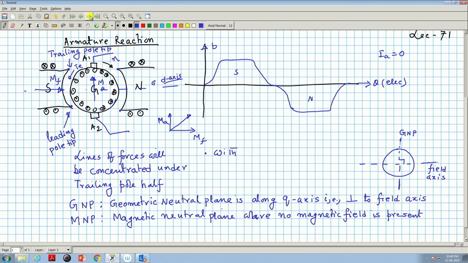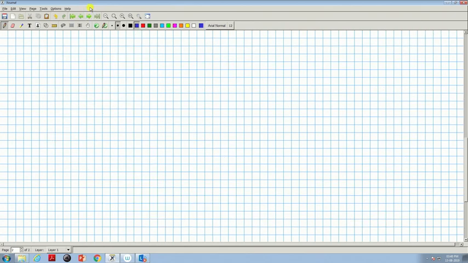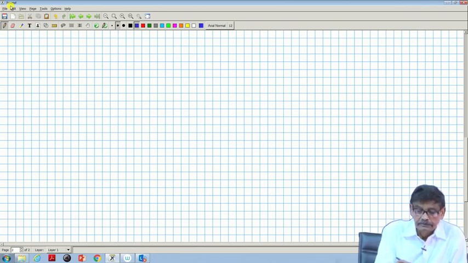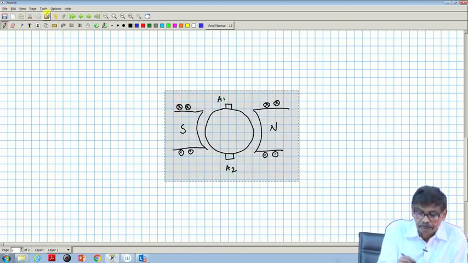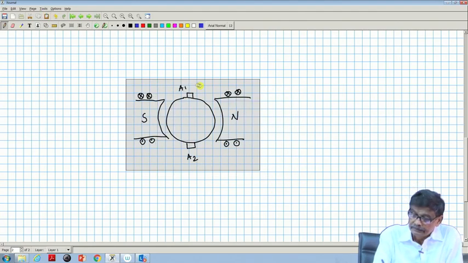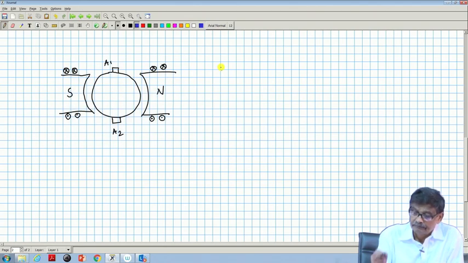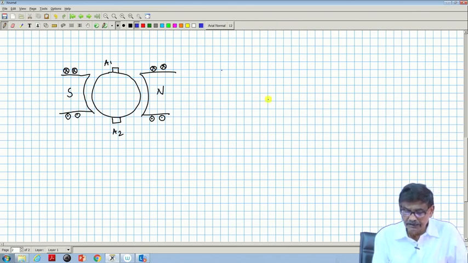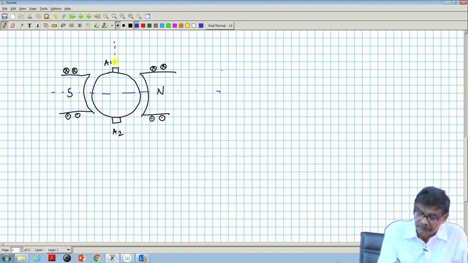Now, let us consider this same machine. In this machine, therefore, what is the geometric neutral plane? The geometric neutral plane is defined: this is your field axis, perpendicular to it is the q axis, which coincides with the geometric neutral plane.